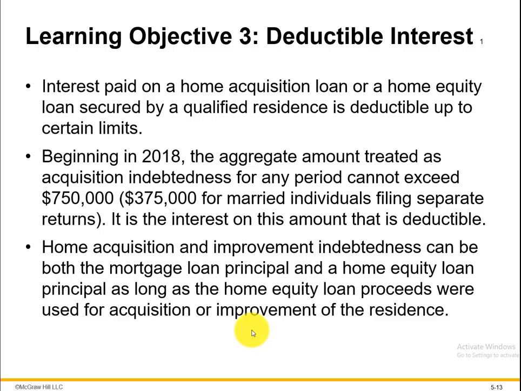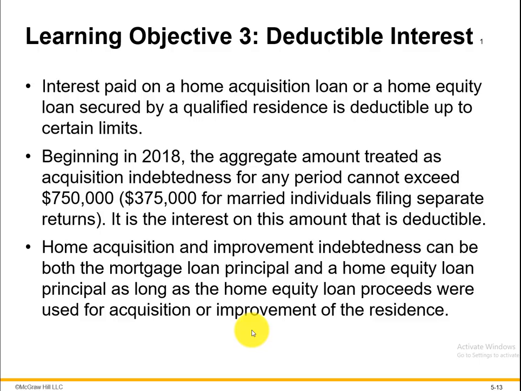It could be a home equity loan that you took out to improve the house. As long as it's secured by your residence, that means that is what the bank will come and get if you don't pay. But there are some limits. It's deductible on that interest. That's the interest, not the whole payment, just the interest, right?